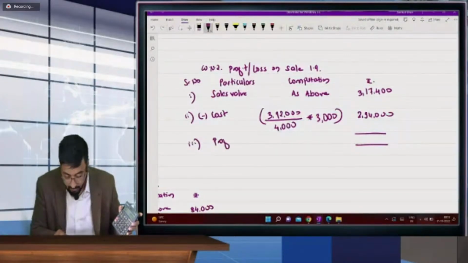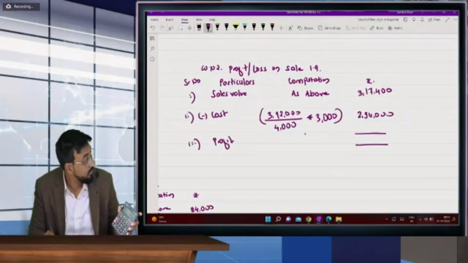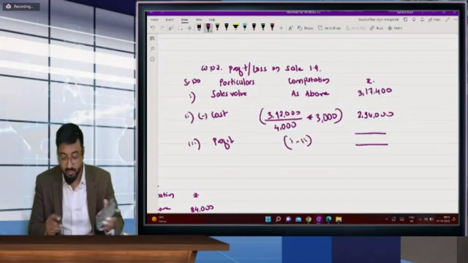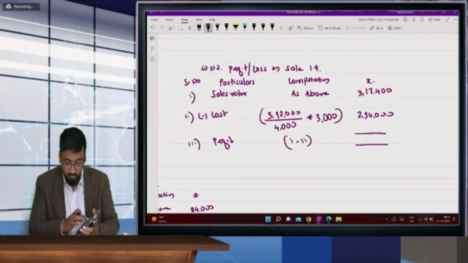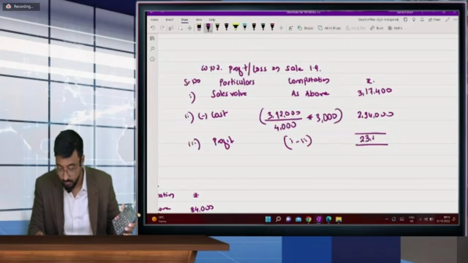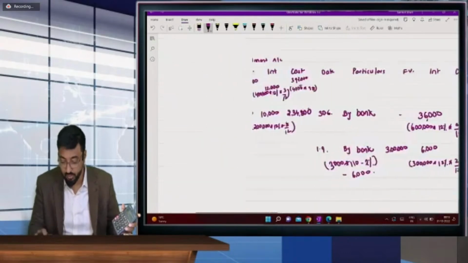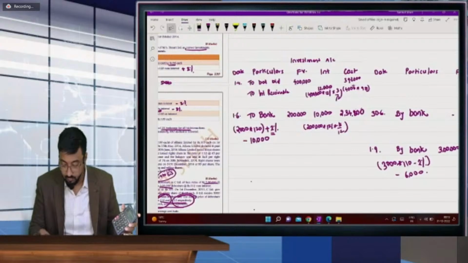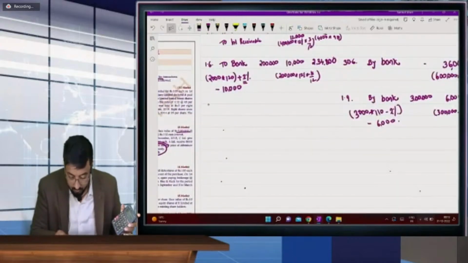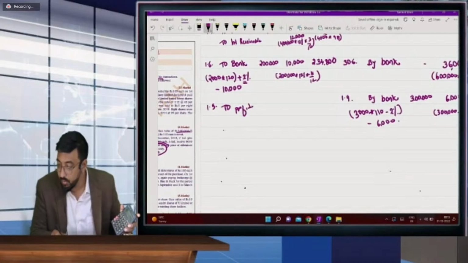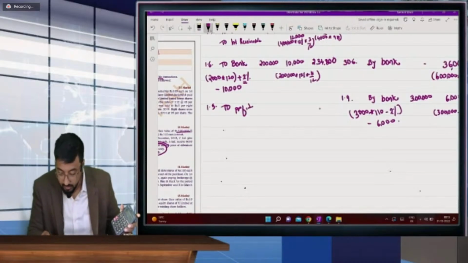So profit 1 minus 2. 1 minus 2. 23,400. To profit 23,400.